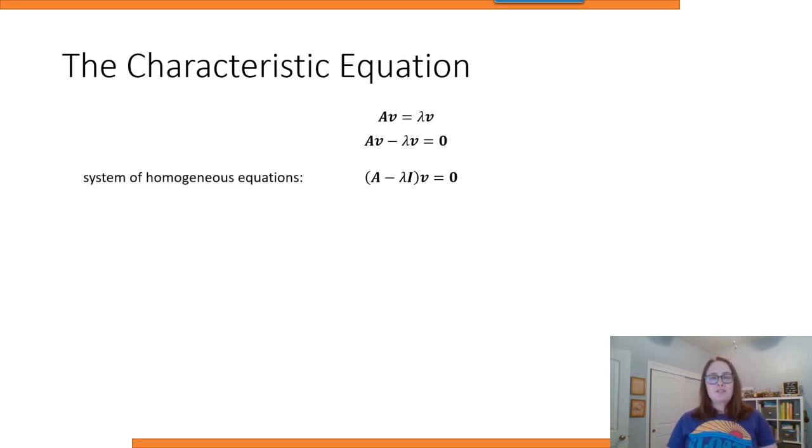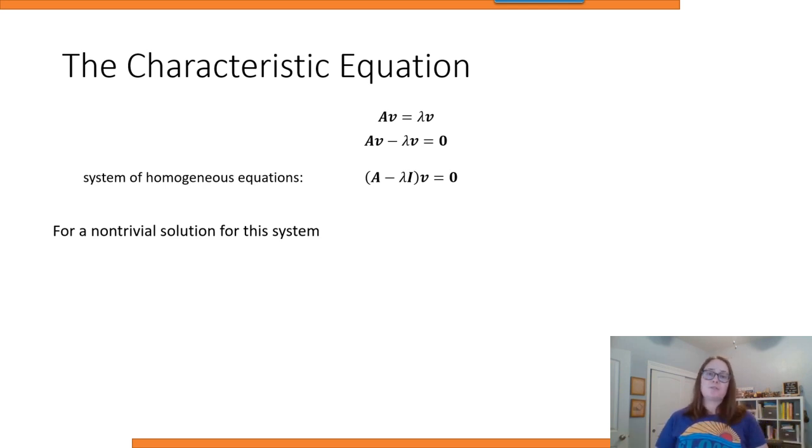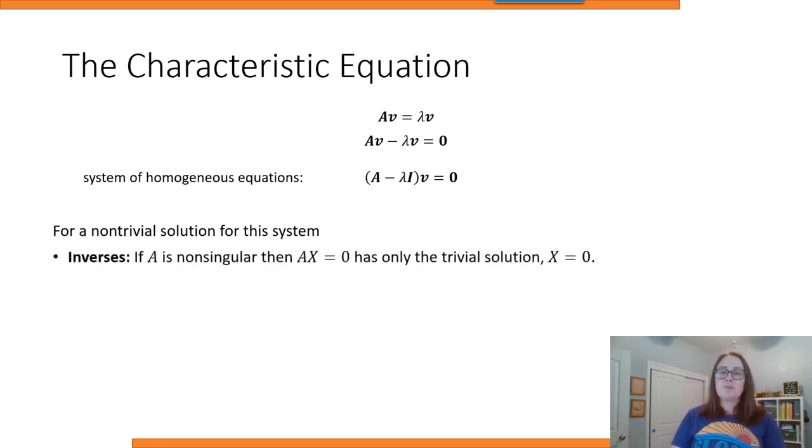Okay, now this actually represents a system of homogeneous equations. Might be hard to see, but I could take this matrix equation and turn it into a system of equations if I had all the entries in the vectors and the matrices. And so we want to come up with a non-trivial or non-zero solution to this system in order to find lambda and V. So we've got to go back to our linear algebra earlier units on these topics and pull out some facts.